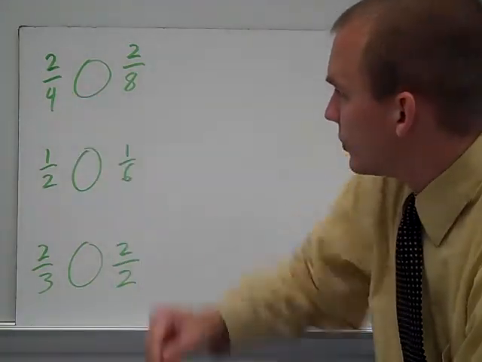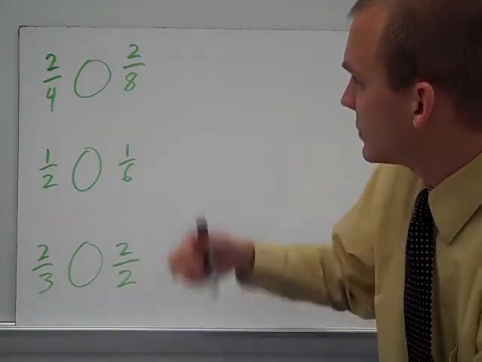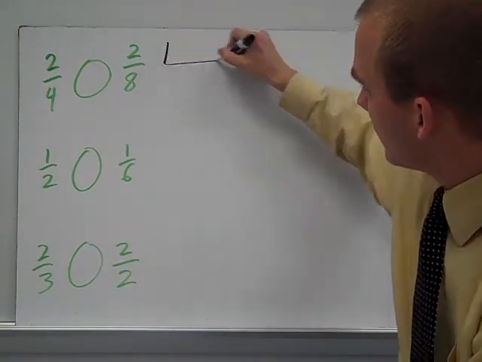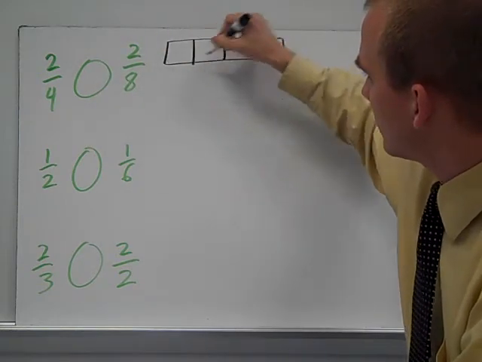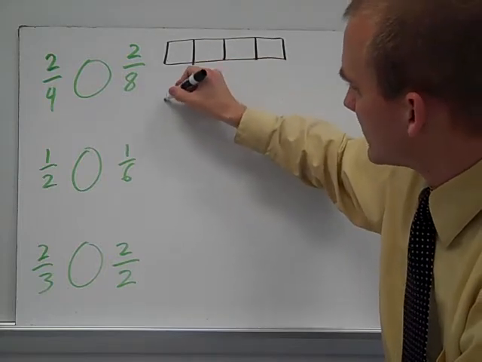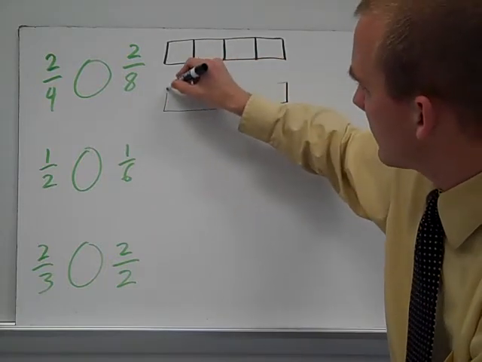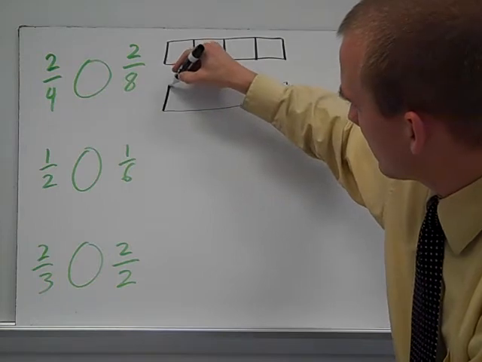Alright, 2/4 and 2/8. So I would first try and draw a model here. Make sure your wholes are equal. Split the first one into 4ths, and the second one into 8ths.